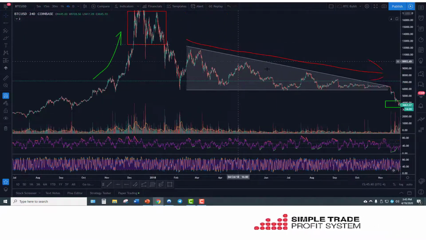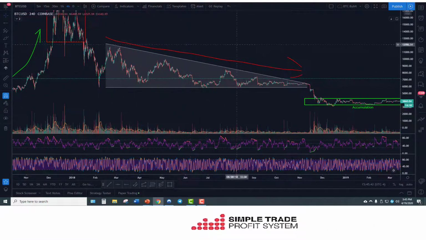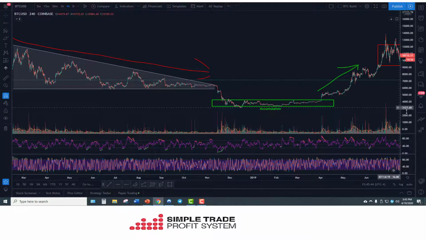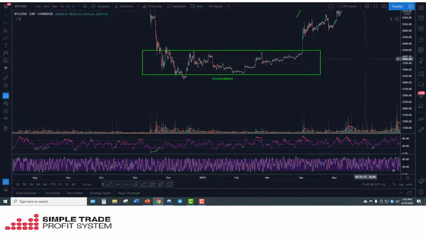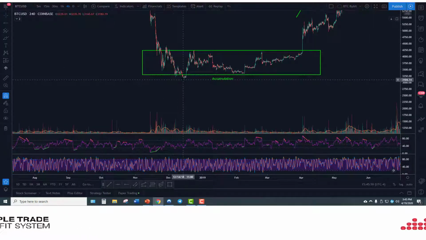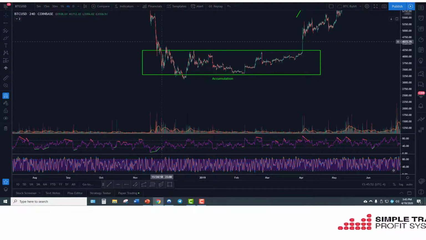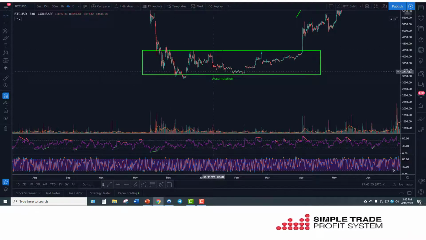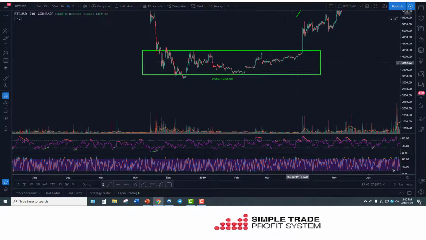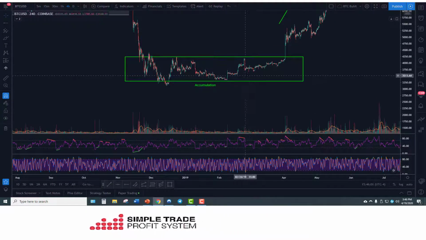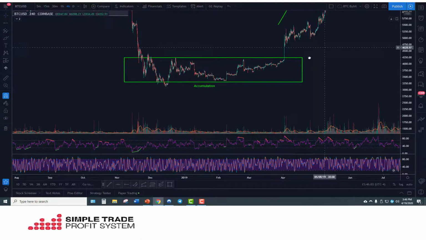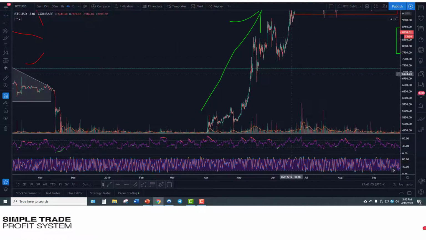So we have our descending triangle that's continuing down, and we enter this range of accumulation. We've had our spring, our fake out. We failed to continue lower. We started our accumulation phase, bouncing around inside of this range. Started making lower lows, and then finally broke out to the upside.